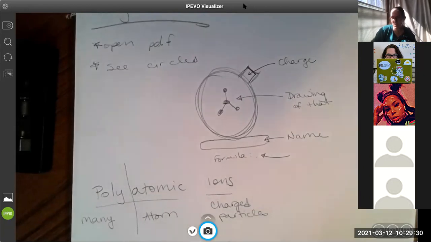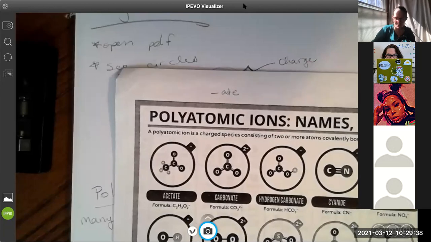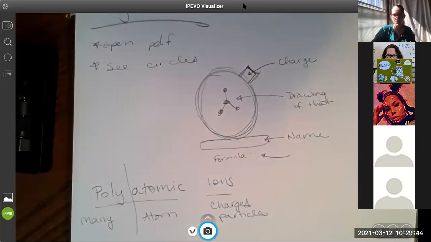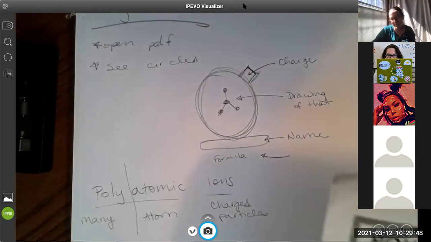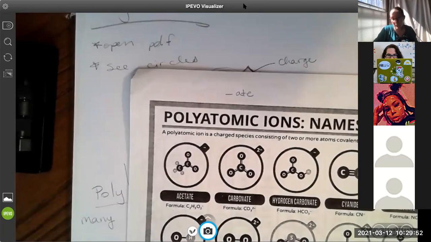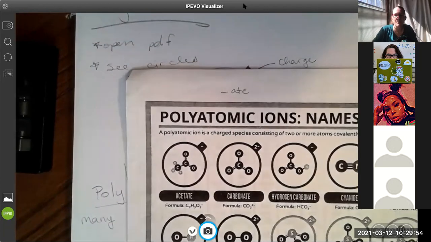Really, the only idea today is how to read this table. This is linked in this week's calendar on Friday. It's going to say polyatomic ion PDF. If you click that link open, it'll give you this table in color.